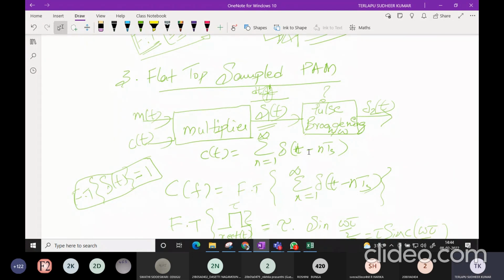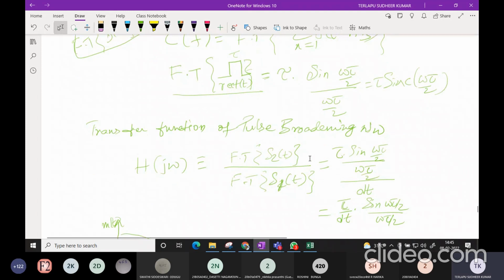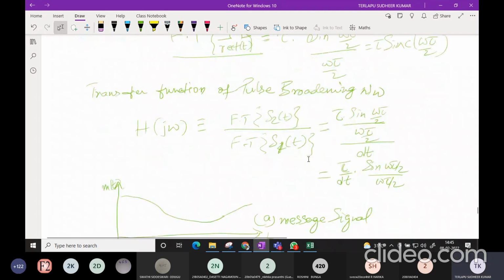Yes, where the output pulse is rectangular, while the input pulse is almost like an impulse, having a very small width called dt. So the transfer function of the pulse broadening network is defined as the Fourier transform of the output signal divided by the Fourier transform of the input signal.